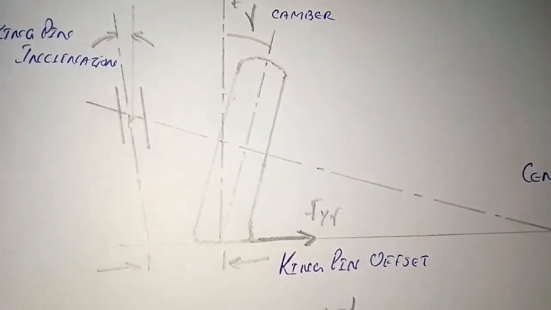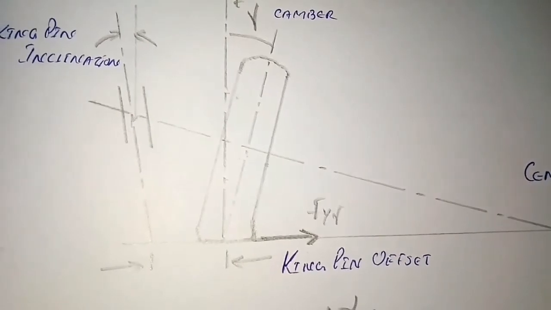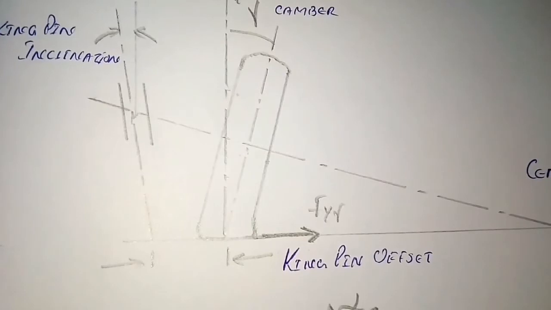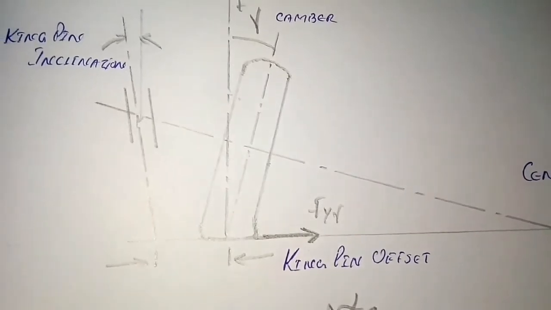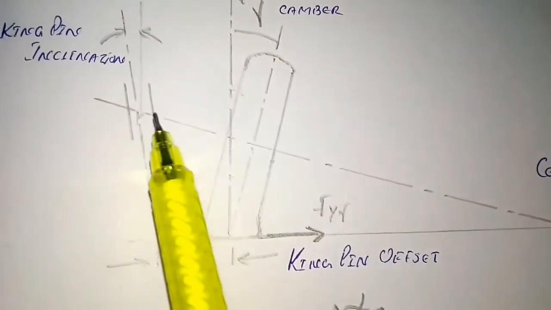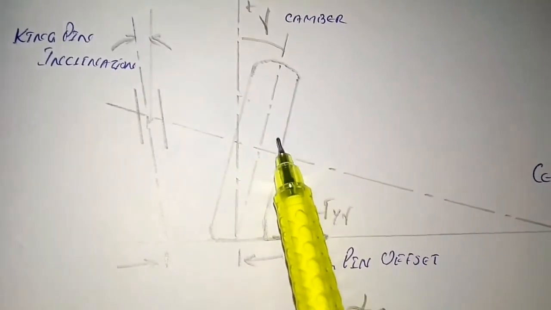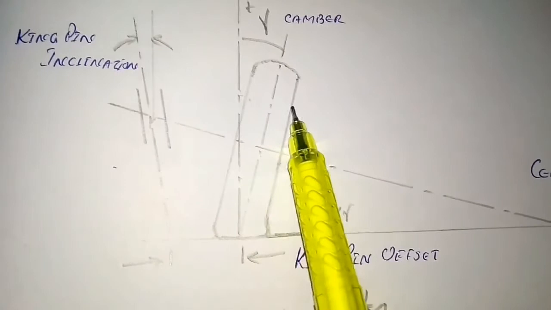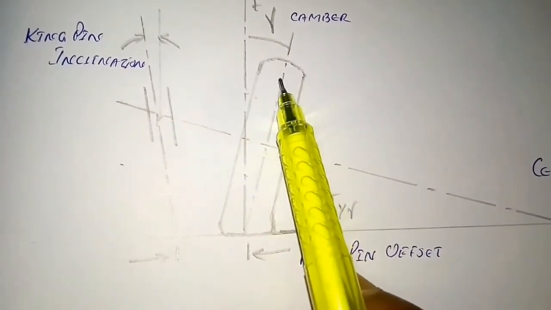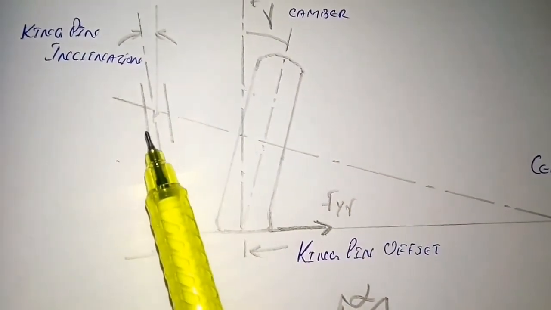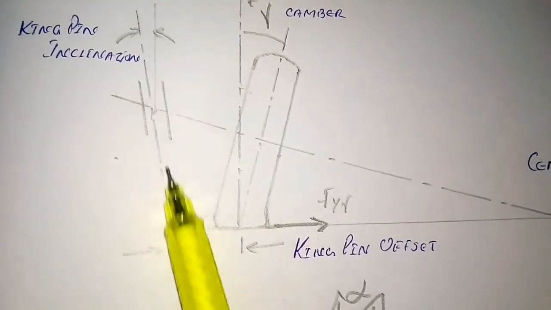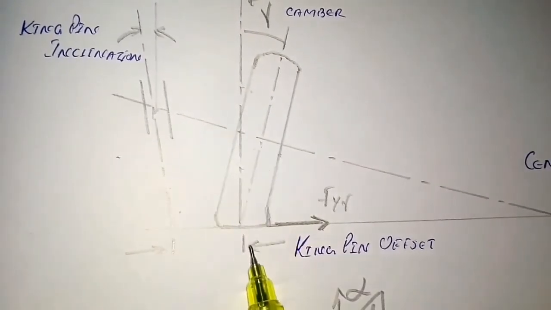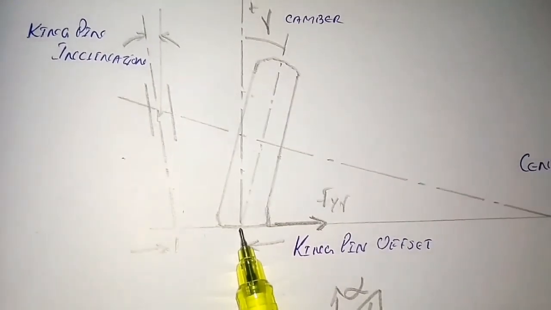So there will be an effect that is created by the camber. That is, it will actually increase the axial bearing pressure, and it will help to reduce the kingpin offset. You can see here I have denoted the kingpin offset in the downside. This is the kingpin, and there is the axis of the kingpin.